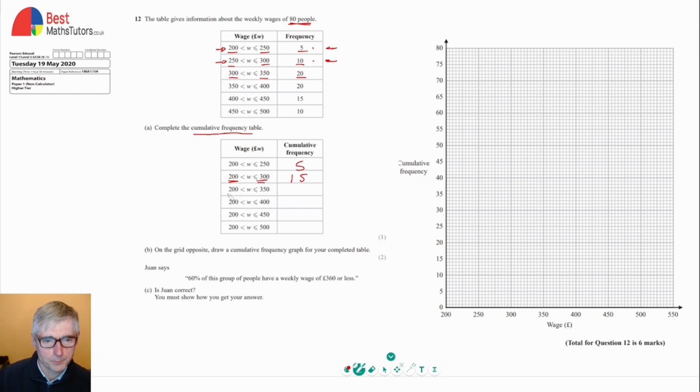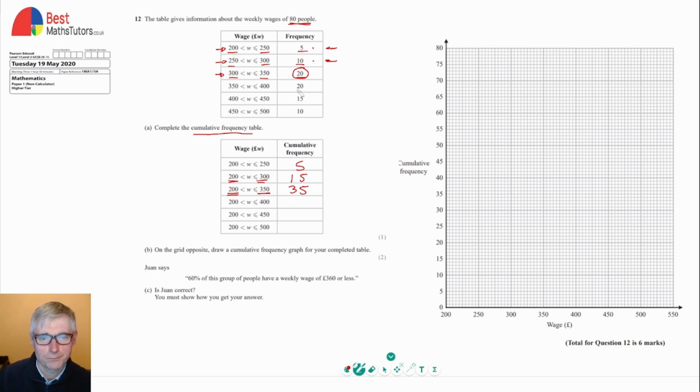The next one is 200 to 350, and for that we can add the 20 here onto the previous total, the previous total being 15. If we add that on, we now get 35. So we get that by adding up these first three rows, and we continue like that.